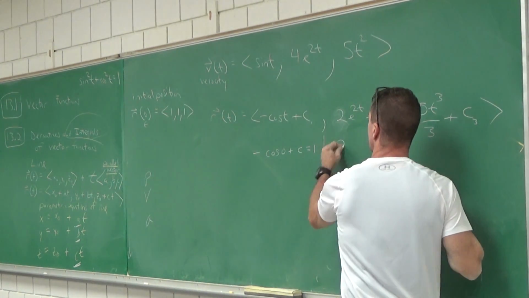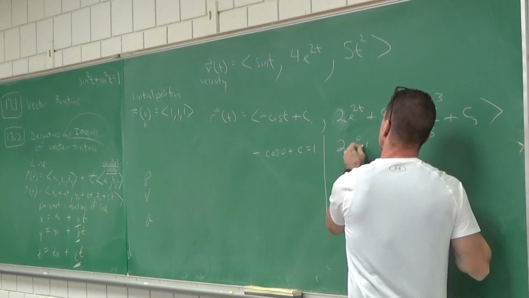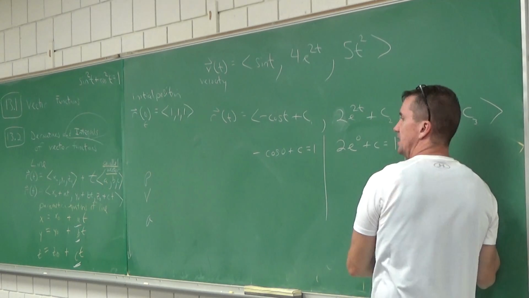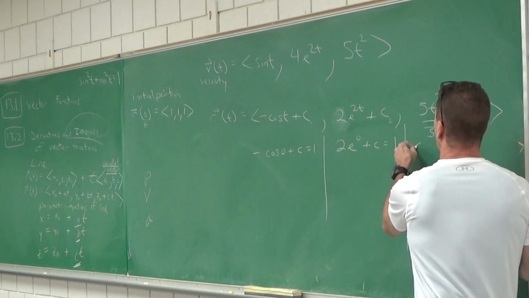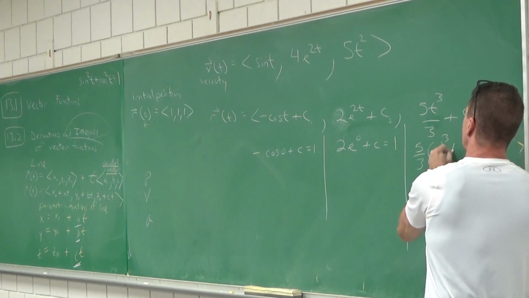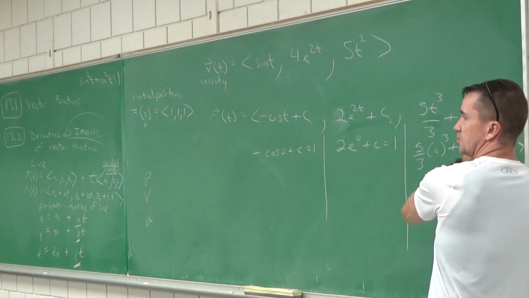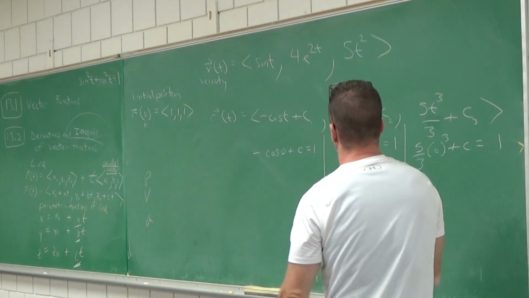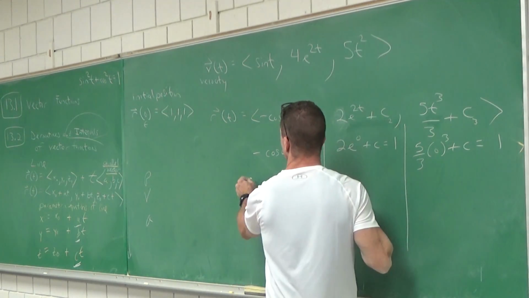Let me do it here: 2 times e to the 0 plus a constant must be equal to the number 1. And over here, 5/3 of 0 cubed plus a constant must be equal to the number 1 as well, because this gave us the first components. See, cosine of 0 is 1.